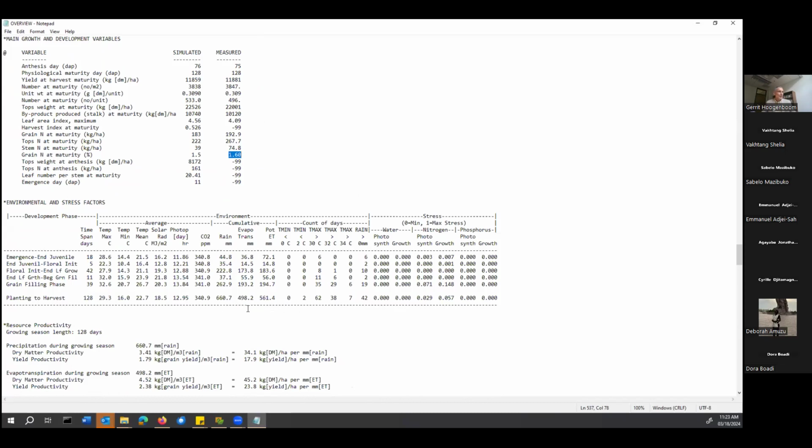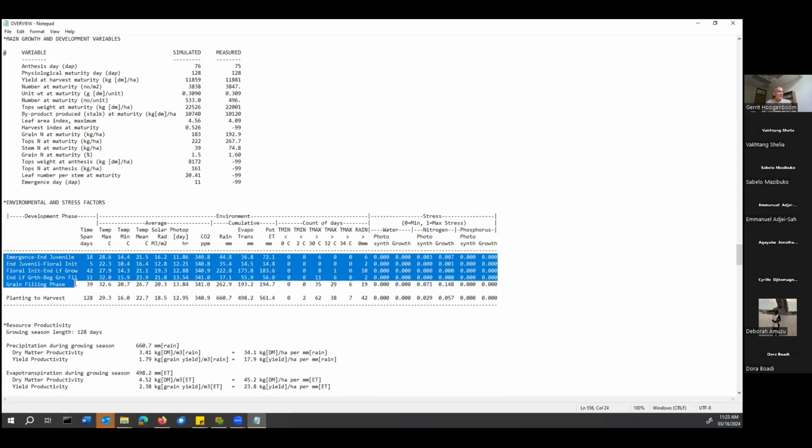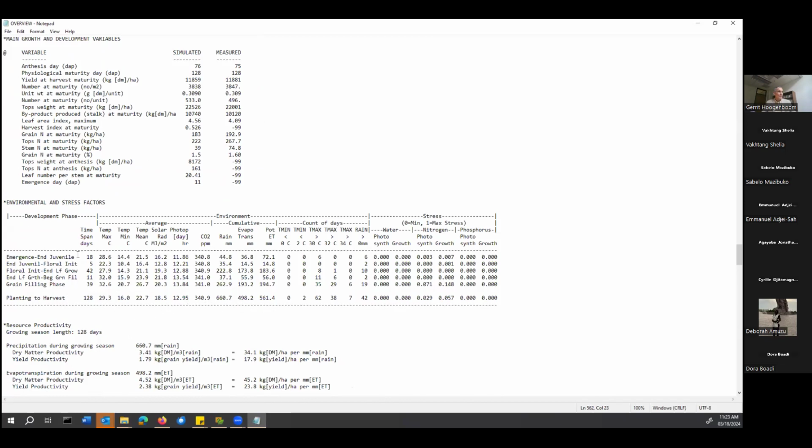The other part I forgot to mention, many people are interested in what's happening during particular phases of the plant. Right here, we define 5 phases for maize. During those phases, we calculate the average maximum temperature, minimum temperature, mean temperature. We look at photoperiod, that is day length, average solar radiation per day, CO2 concentration, rain, ET.